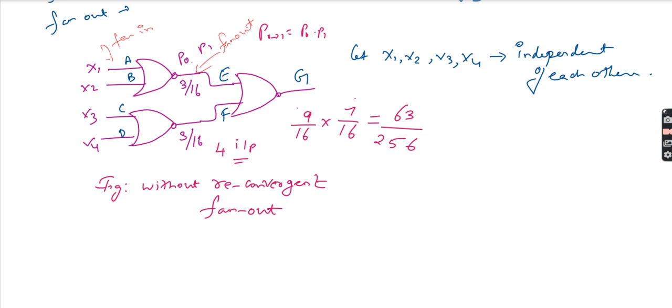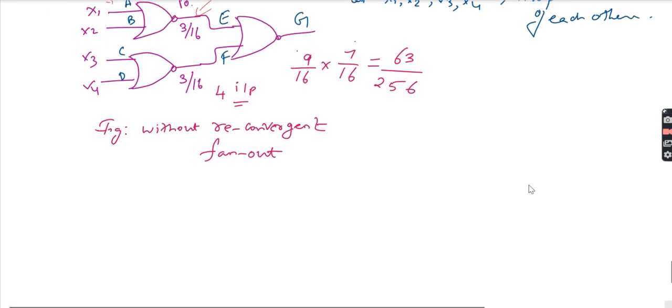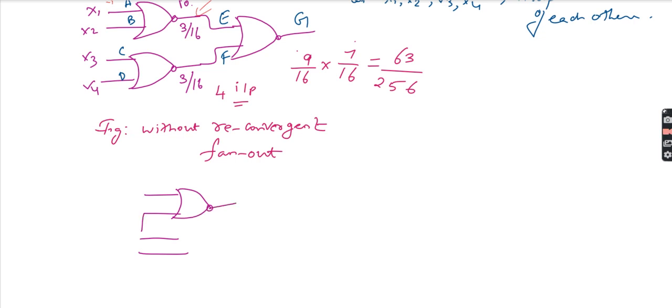Now what I'm doing, I'm going to merge this. Instead of giving the circuit like this, I want to draw or modify this circuit as 1, 2, 3, 4. This is one gate. See here, x1, x2, x3.